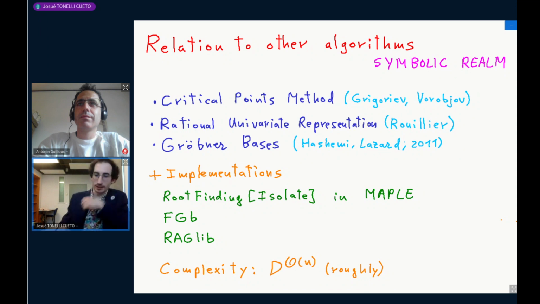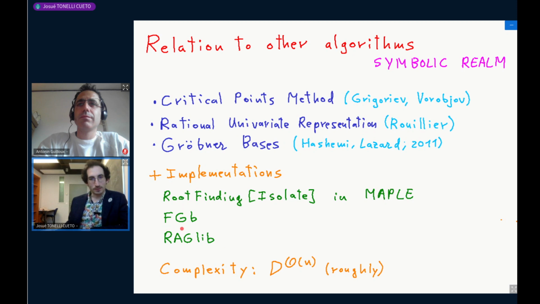So now here let's relate this to other algorithms. So in the symbolic realm, we have the critical points methods, the rational univariate representation, and the Gröbner basis. Then for implementations, all of these are more or less implemented. We have this RootFinding[Isolate] in Maple, which is essentially the implementation of this rational univariate representation.